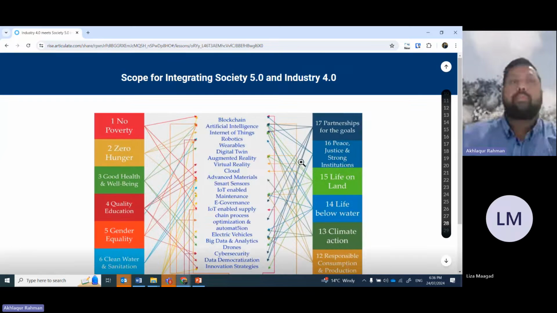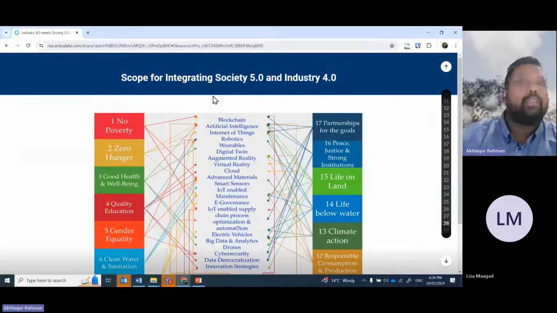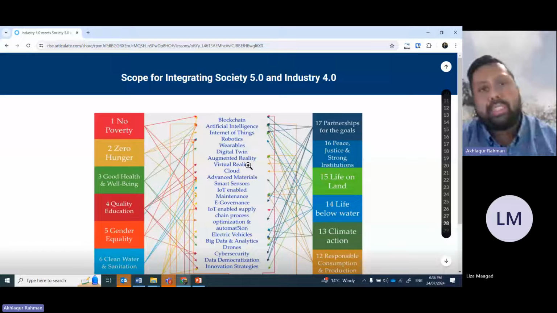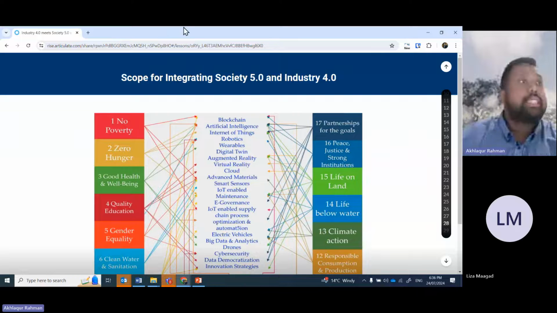If we look at the scope, and this is something, to be honest, I want you to do after the presentation, and that's what I really want you to take out from today's presentation: the scope for integrating Society 5.0 and Industry 4.0. One of the terminologies that I have not used today, but will be a big part going forward, is sustainability.